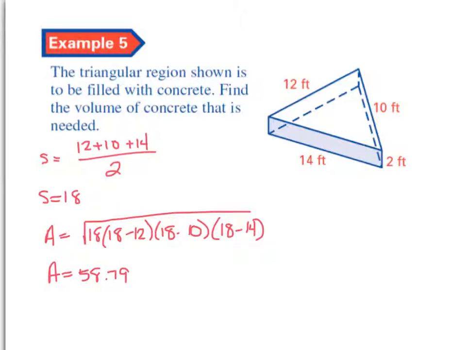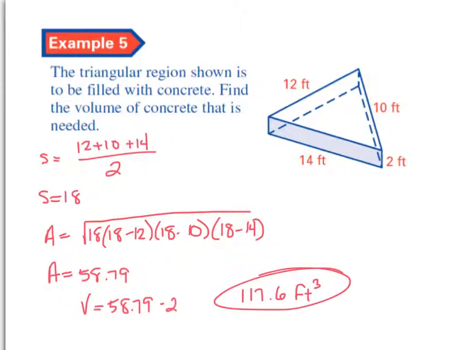Now I'll take the area of that base multiplied by the height of 2 to find the volume. So the volume will be approximately 58.79 multiplied by 2, which comes out to 117.6 feet cubed. That's how much concrete we'd need for this region.